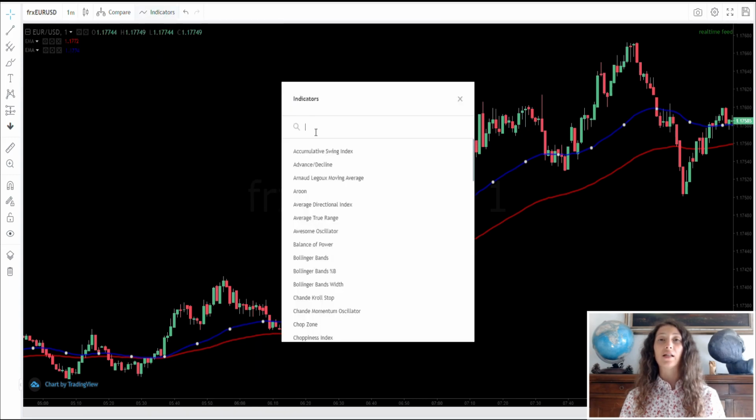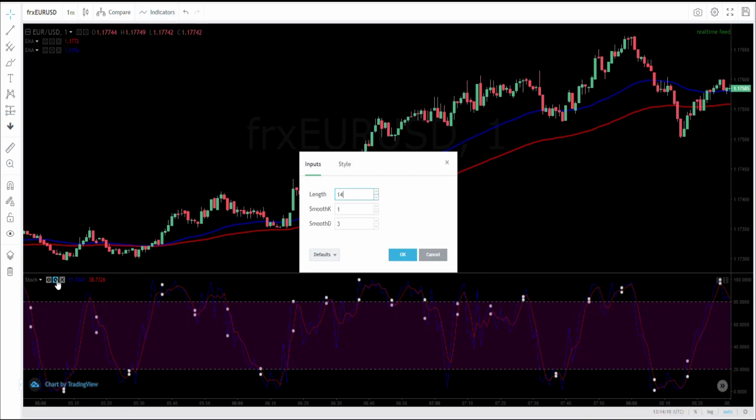After, insert the stochastic oscillator and configure the parameters as per setup.